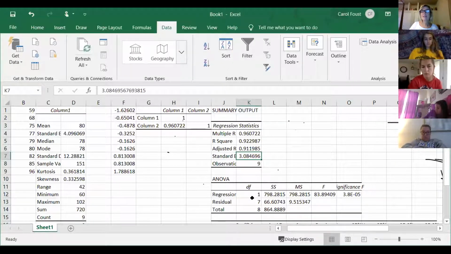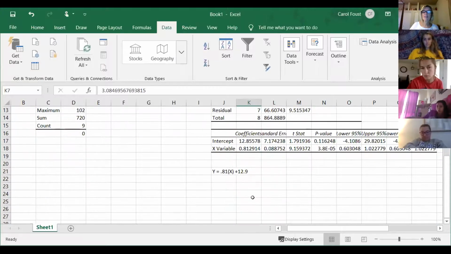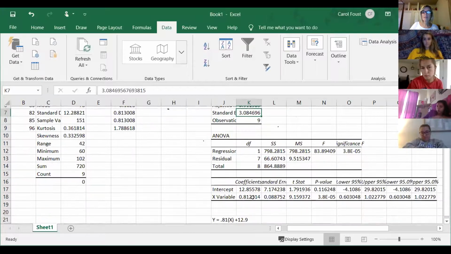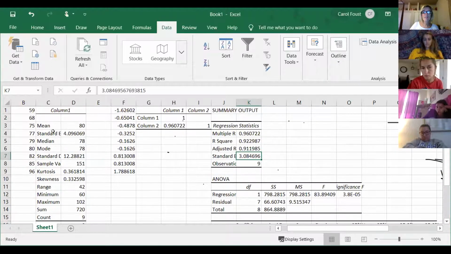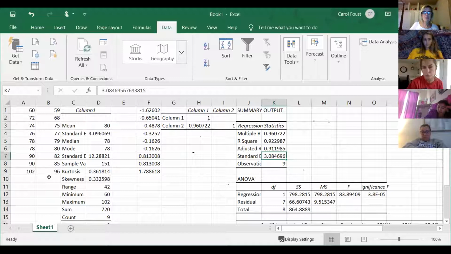I can also do a confidence interval on this, because I can look at the standard error, which is about 3.08 or 3.1, so about 3. If I knew what the average was, I knew the average of the midterm, but let me figure the average of the final real quick.